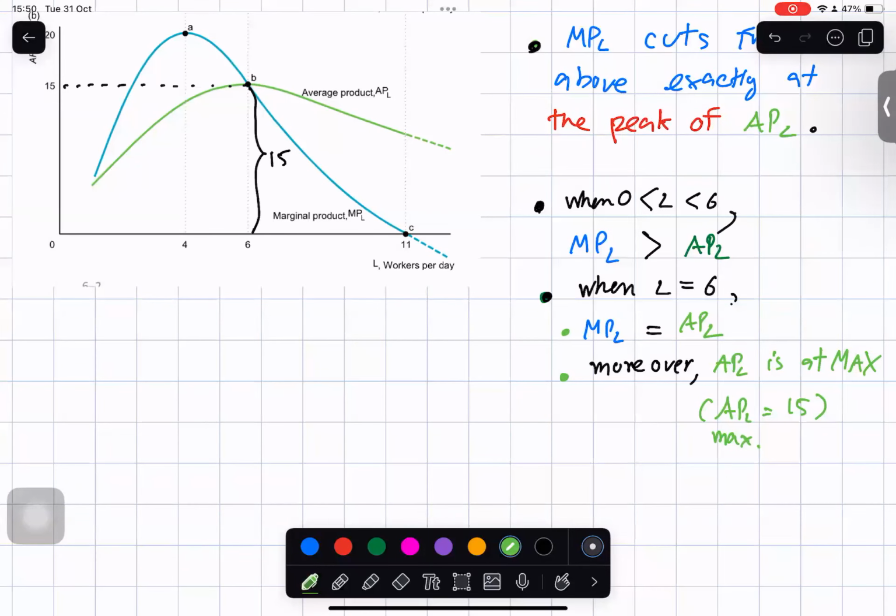So when L equals 6, marginal product and average product are equal, which equals 15. Furthermore, average product is at the peak here too.